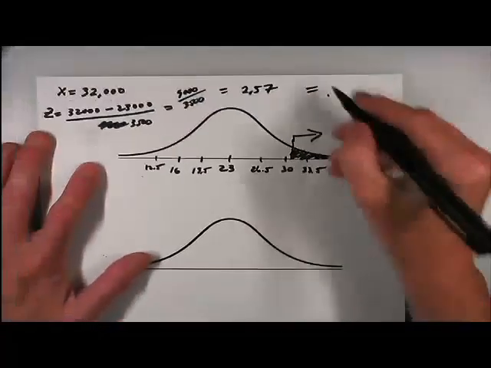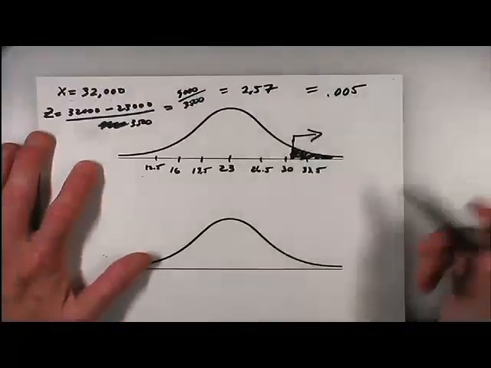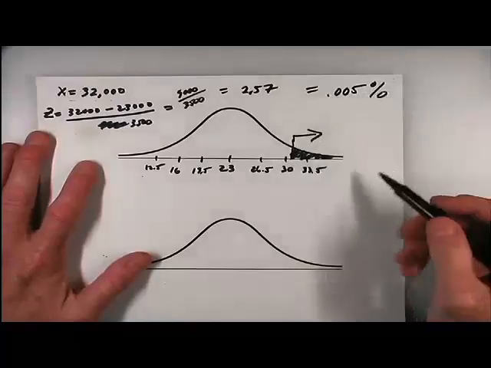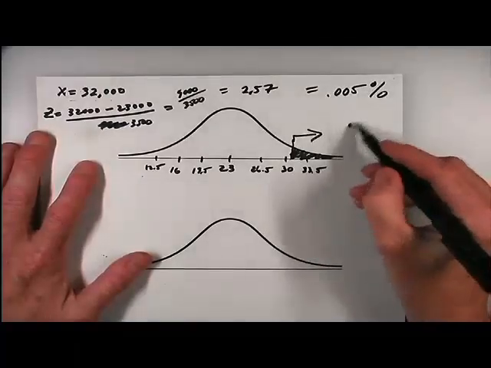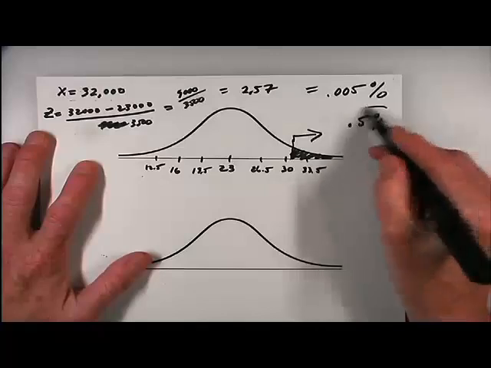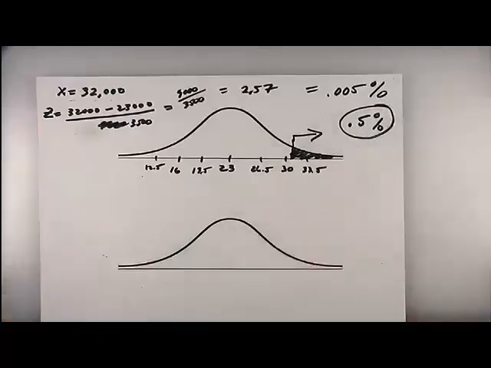Okay, 0.005. So then it's actually 0.5%. Right? You know how to go from a decimal to a percentage as you move it 2 places to the right. Okay? So it's 0.5%, not a whole percentage point, not even 1%. All right?